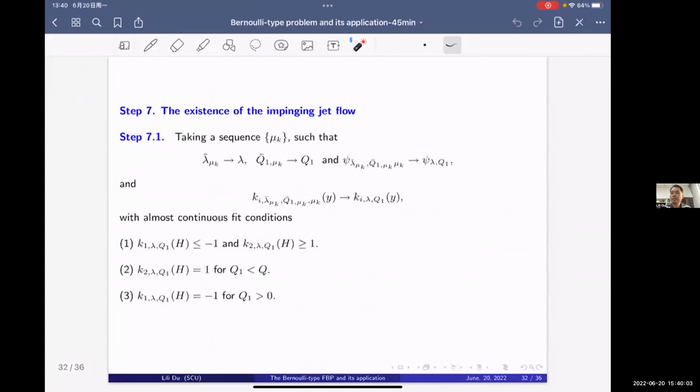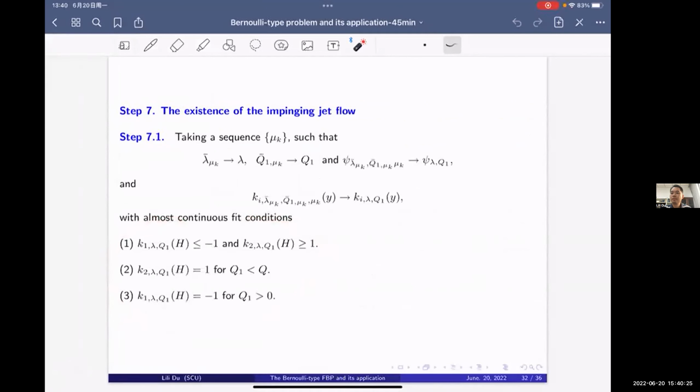So next we will take mu to infinity and obtain the existence of the original impinging jet flow with almost continuous fit conditions.